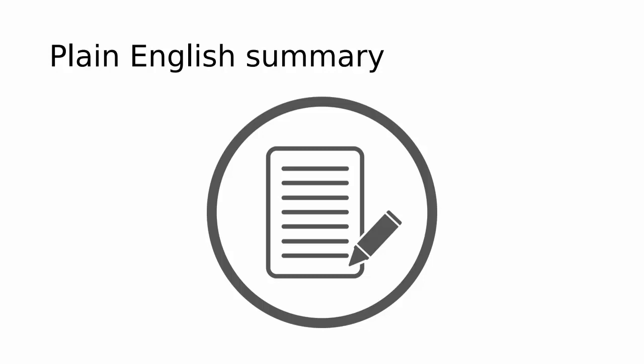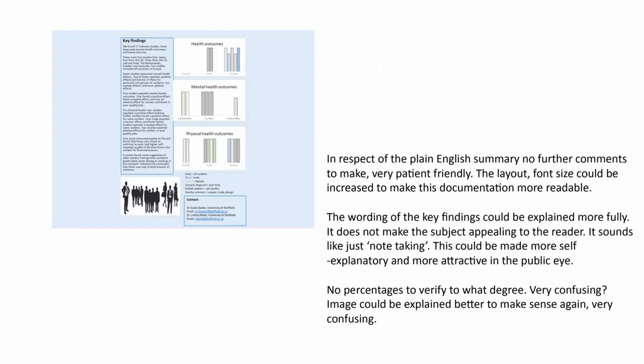So a plain English summary is really helpful to get advisors' input on. We tend to do a lot of 2-page evidence briefings, which again are really helpful. Comments around wording, use of diagrams, are the images that you're using actually acceptable to people? Does it look right? Is it user friendly? So again, really helpful to get public advisors' input on something like that.